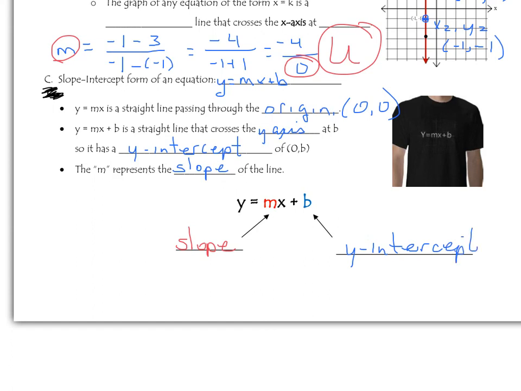So if we see a line on a graph and we can figure out 2 points on that line, we can find the slope by calculating the rise over the run, and we can look at the line and see where it crosses the y-axis, and that will give us b.